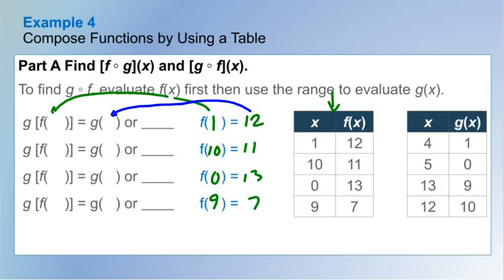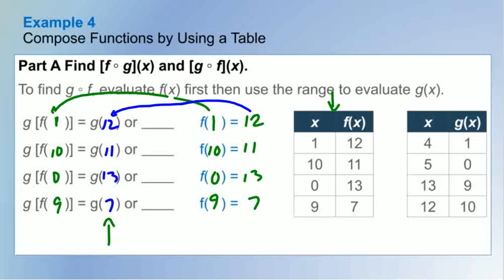So if I put a 1, 10, 0, 9, and then I put a 12, 11, 13, and 7, these are the x coordinates that I'm going to use here.